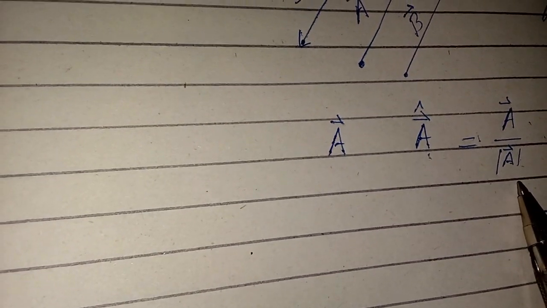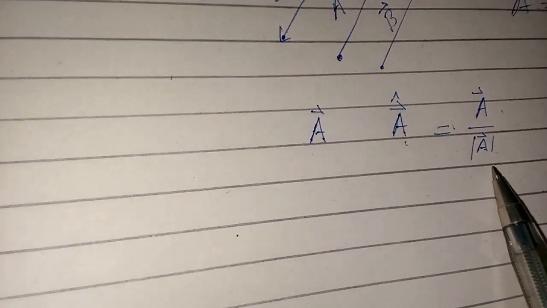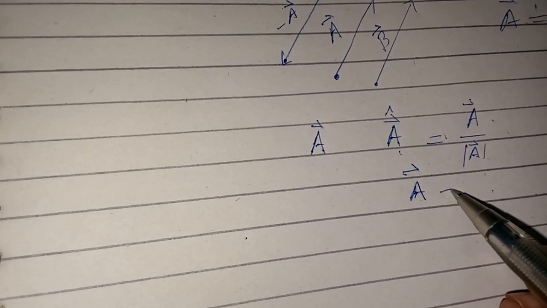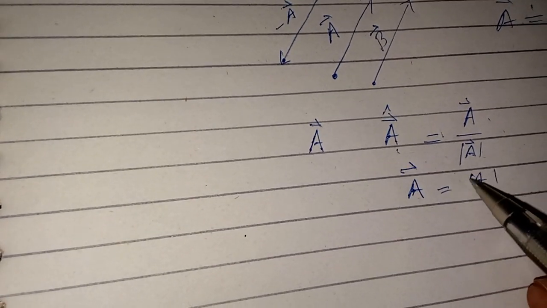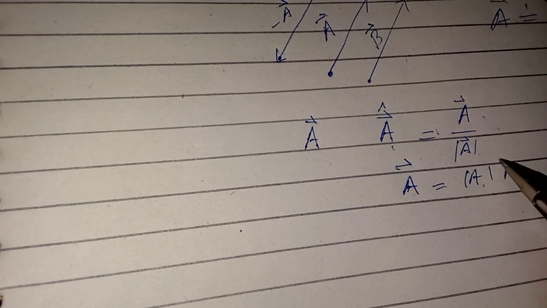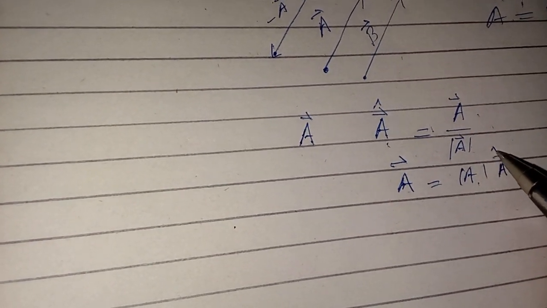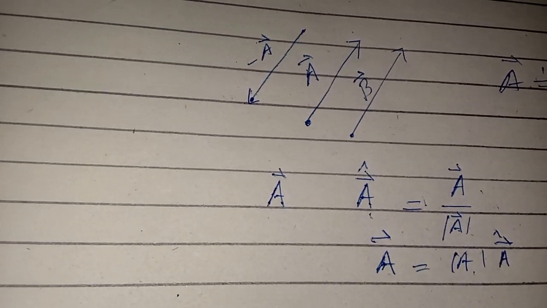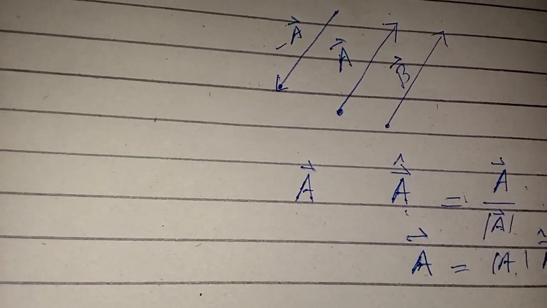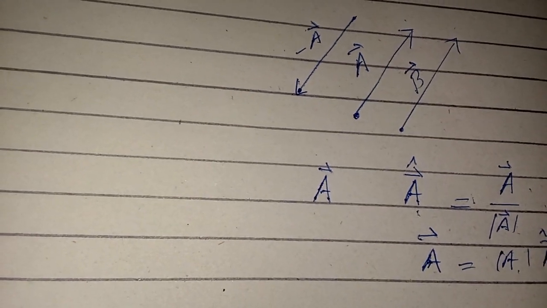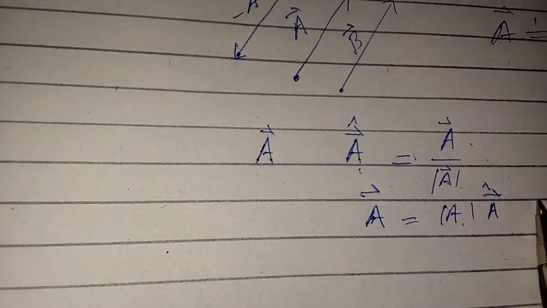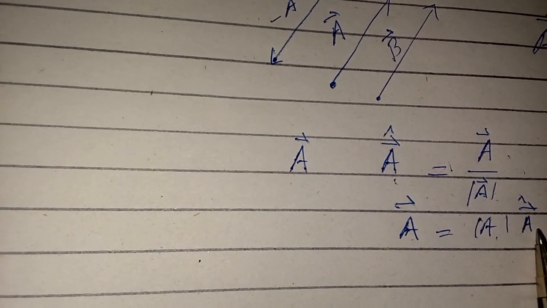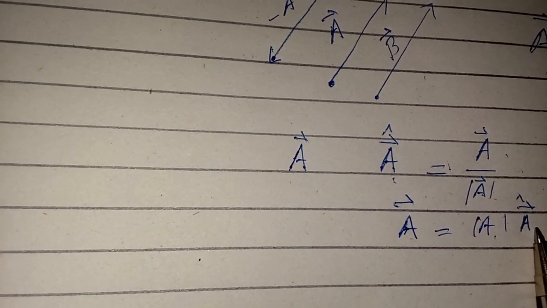Thus, this vector can be written as vector is equal to magnitude into unit vector, which shows that any vector A can be represented by a product of magnitude of vector A and the unit vector A hat in the direction of vector A.